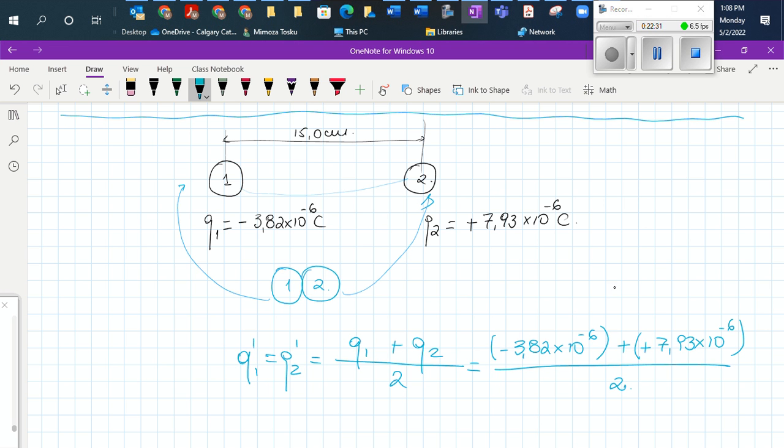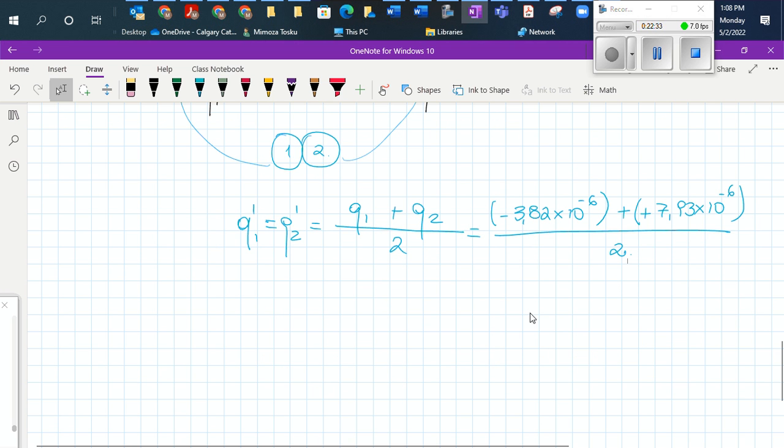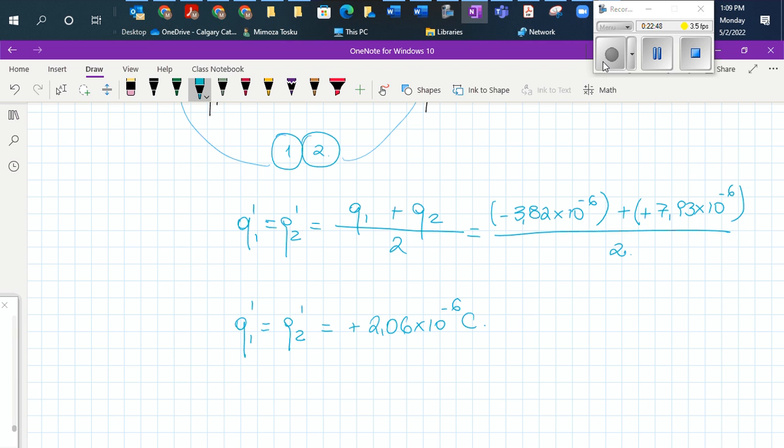After you enter them in your calculator, you will find that the new magnitude of the two charges 1 and 2 will be equal to positive 2.06 times 10 to the power of negative 6 coulombs. You can keep it as 2.55 times 10 to the power of negative 6, it's fine.